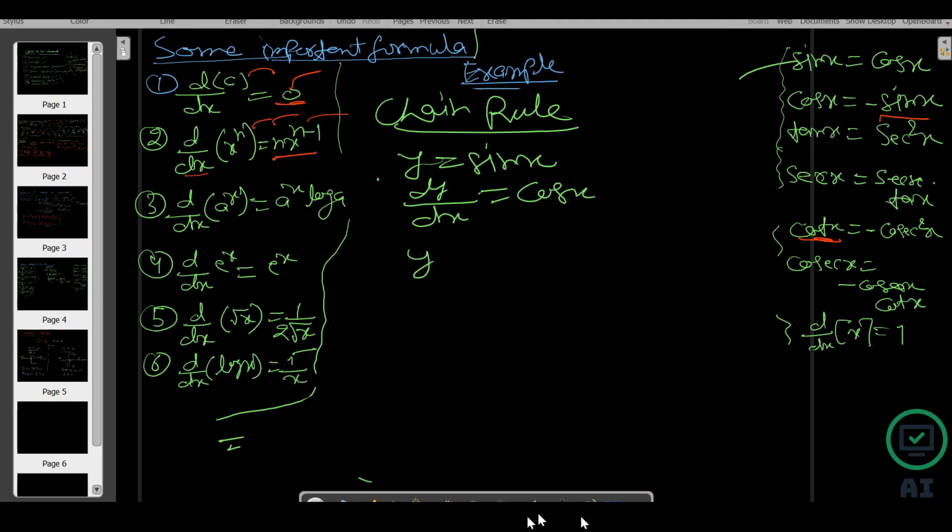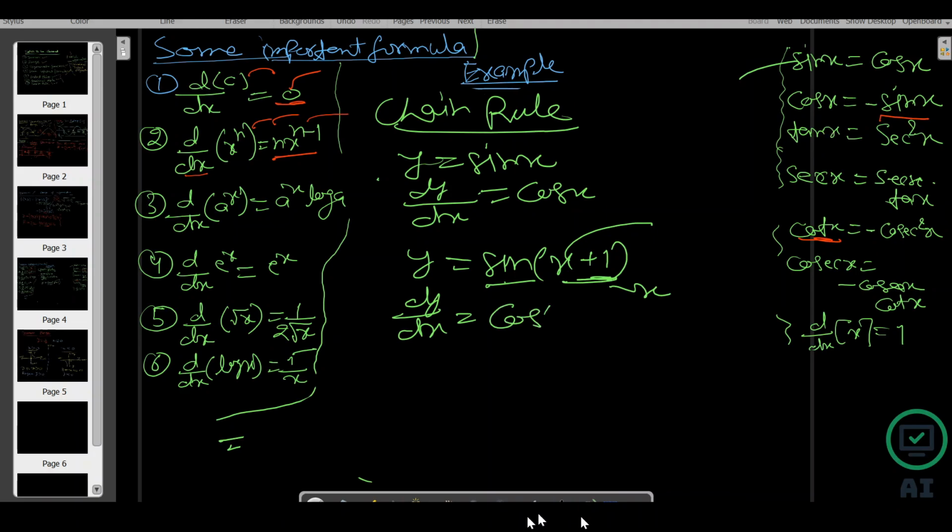But when y equal to sin of x plus 1 is given to you, then what will you do? You can see here it is one function, and inside that another function is there. So to differentiate this, first you have to take dy by dx, this is chain rule. Assume this as x, so sin x differentiation is cos x, so cos of x plus 1, then differentiate this also. So what is the differentiation? x is 1 and this is 0.